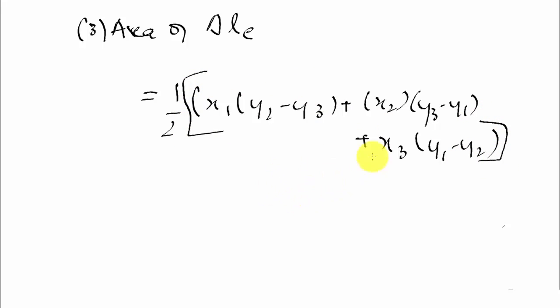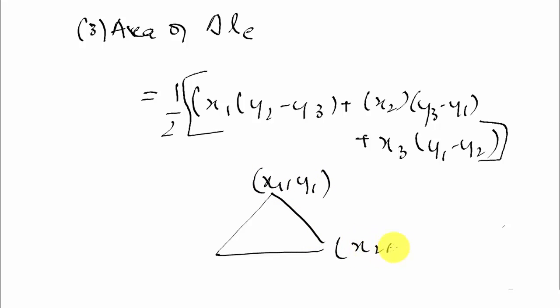Now the triangle is going to look something like this, where this is x1 y1, this is x2 y2, and this is x3 y3. If you remember all three formulas, you're good to go. You'll get approximately, I don't know, 90% of this chapter covered if you know all three formulas.